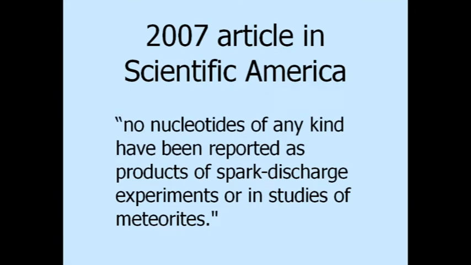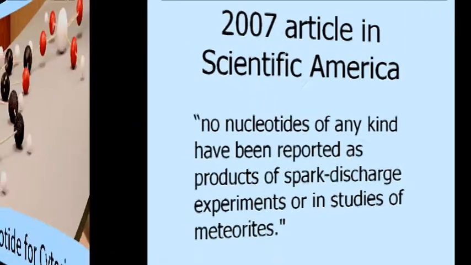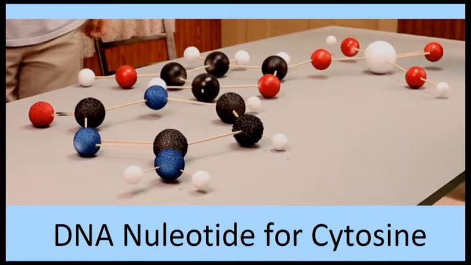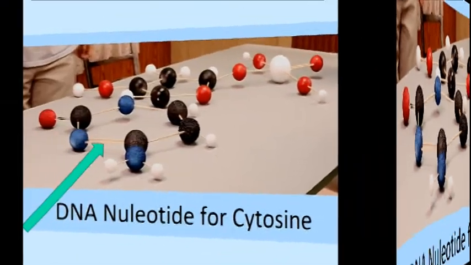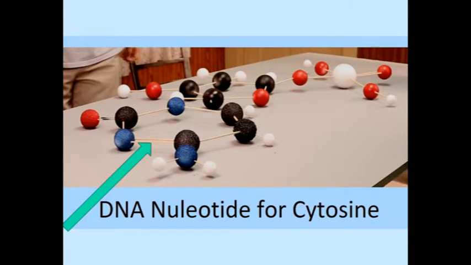No nucleotides of any kind have been reported as the products of spark discharge experiments or in studies of meteorites. The nucleotides are particularly difficult in my mind because of the double bonded nitrogen atoms attached to carbon atoms, not something you find in a typical molecule.